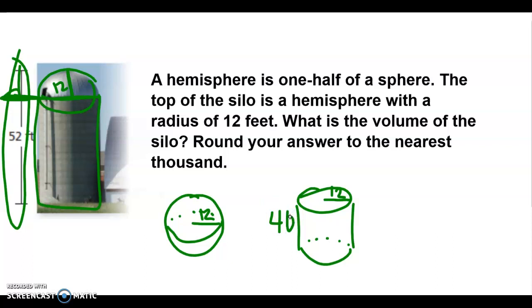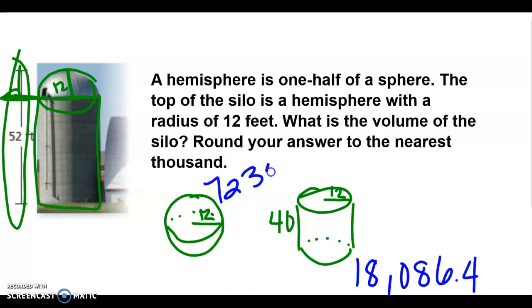Now, I'm going to use my formulas, and I want you to pause the video and figure out what each of those volumes are. Okay, so now we should have two volumes. My cylinder should be 18,086.4, and I remember I used 3.14 for pi, and this should be 7,234.56.